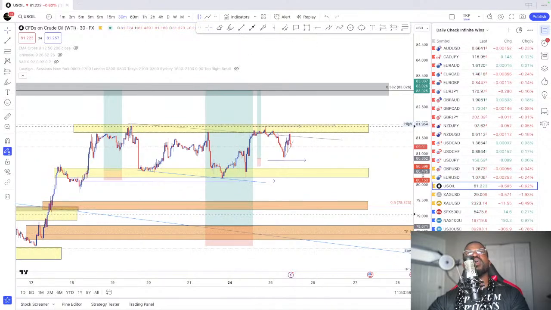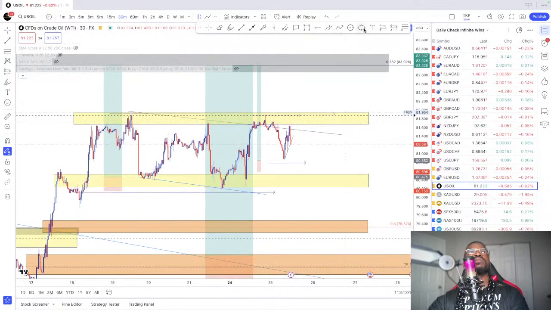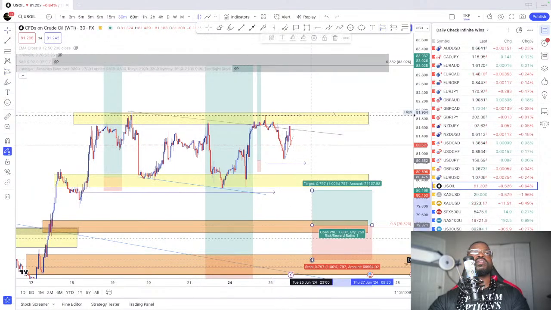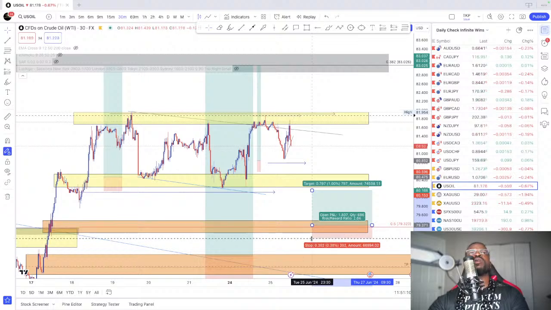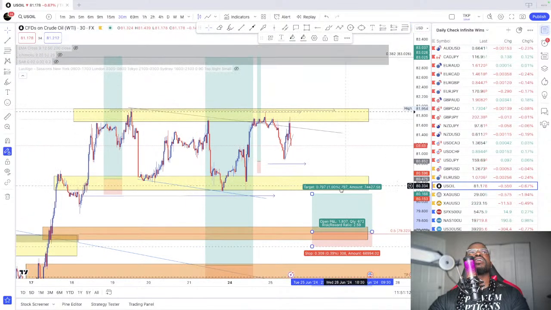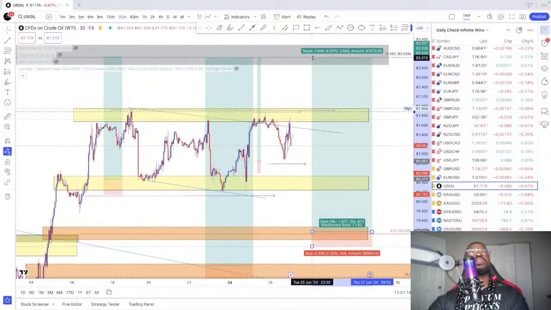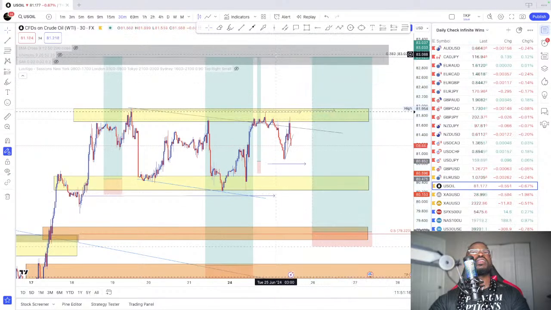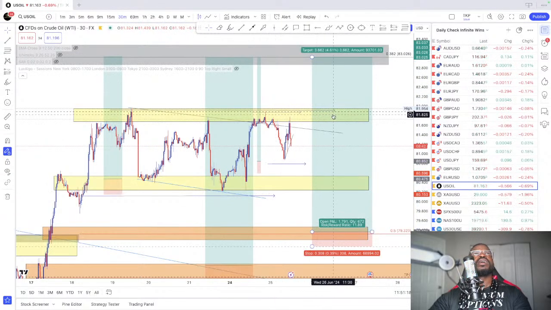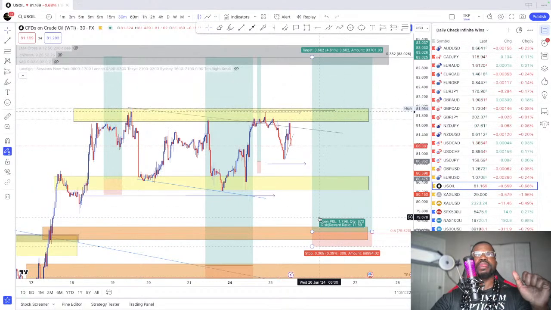This entry can be held. Well, I want to see what happens if price pulls back to this 50. And that'll be our setup. So this would be it.